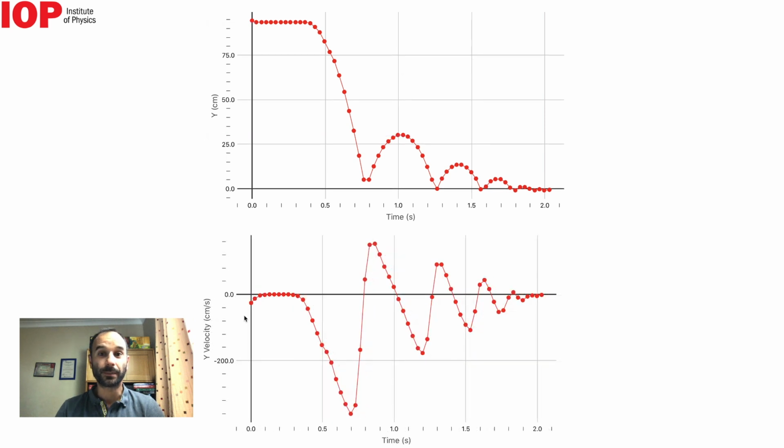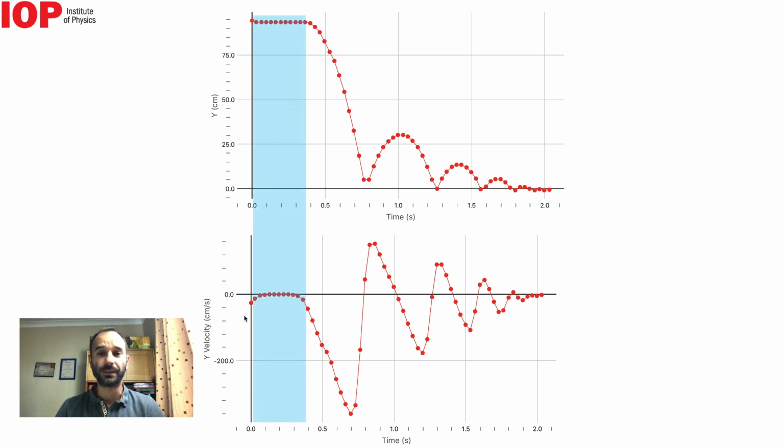What is quite nice about having the displacement time and velocity time graphs on top of each other is that you can show your students and your teachers how the energy shifts from one store to another in the fall and in the bounces.